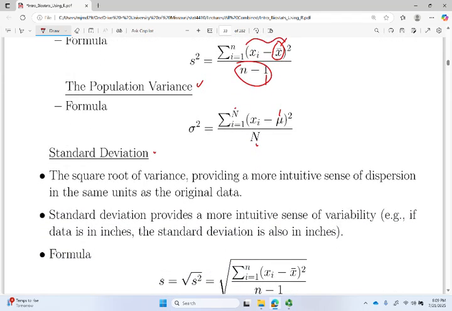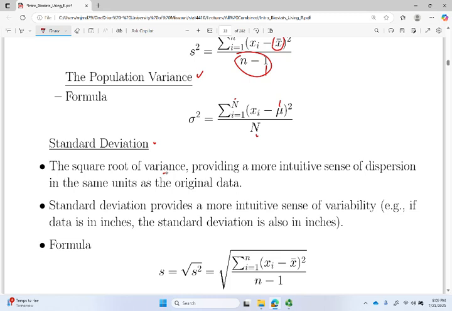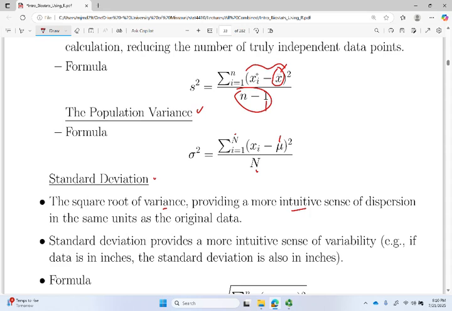So the standard deviation is the square root of the variance. And the reason that we do that, one, it's more intuitive. Whatever units our data is described in, when we square it, we get squared units. So if we're looking at miles, the units of the variance is squared miles, which is not very intuitive.